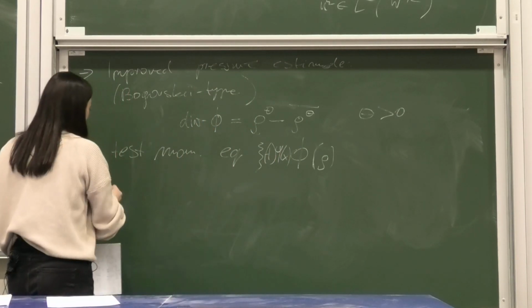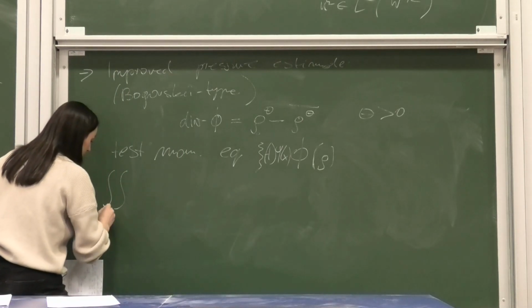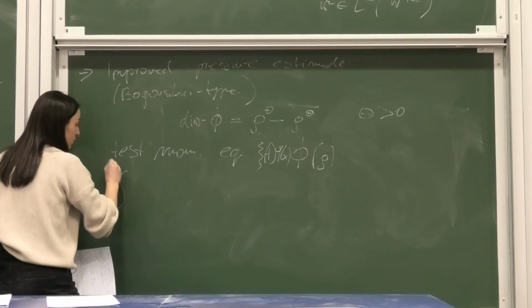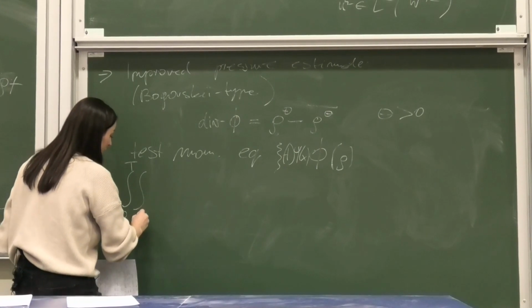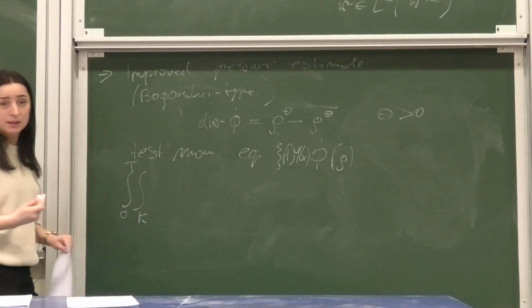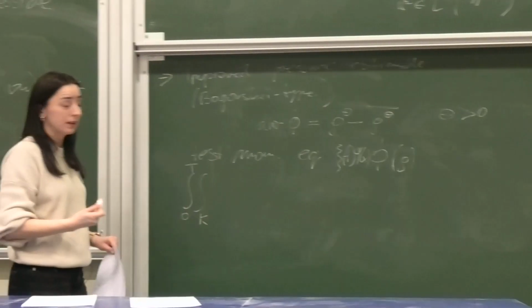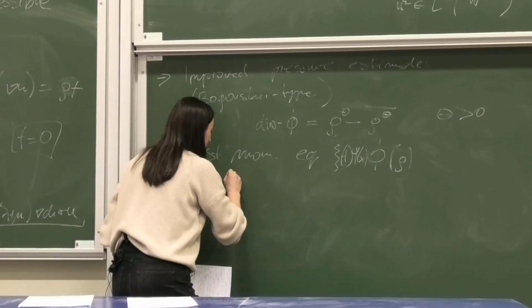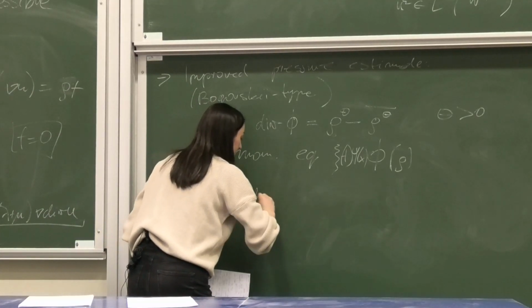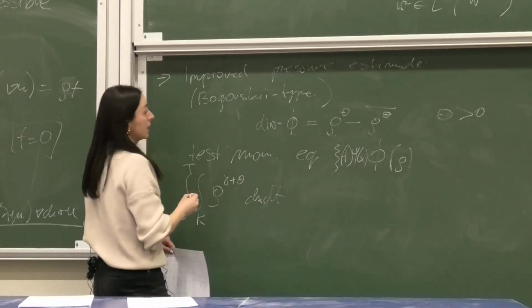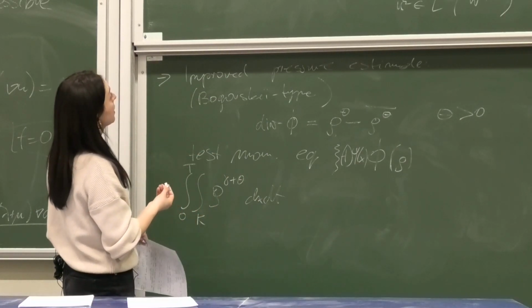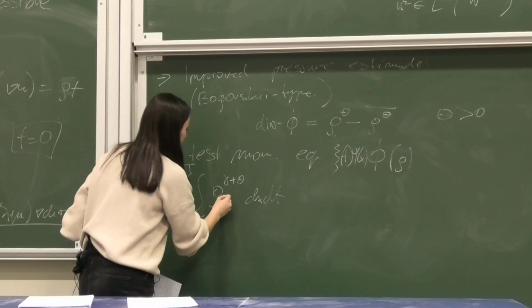So in fact, this estimate gives you a uniform bound, let's say from 0 to some capital T, over any compact set included in your domain for something like rho to the power gamma plus theta dx dt. And this is happening for your sequence, which I denoted by epsilon at the bottom.